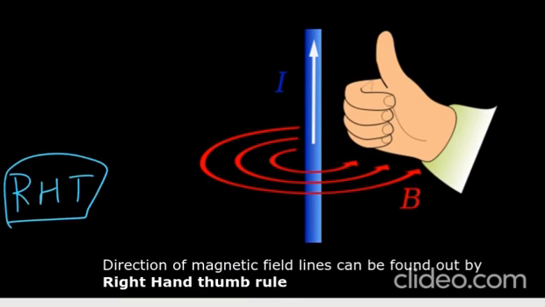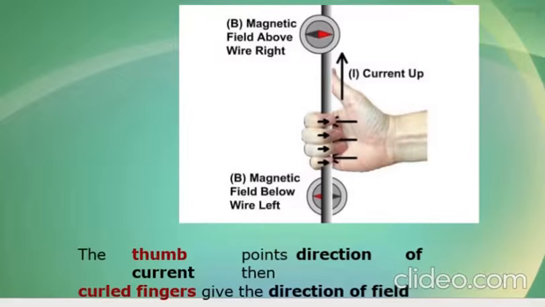How can you do it? Let us understand. See this. Suppose I'm holding a pen right now. When I hold the pen this way, it looks like that. Suppose I'm holding that straight conductor like this. So what's happening? These are my curled fingers and this is my thumb. What can I infer from this? The thumb shows the direction in which the current is flowing.